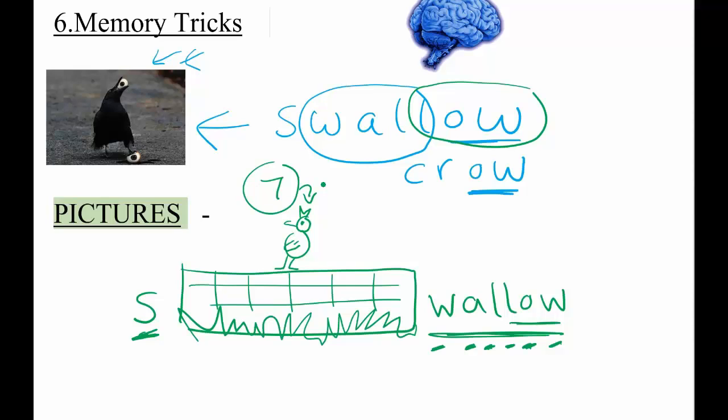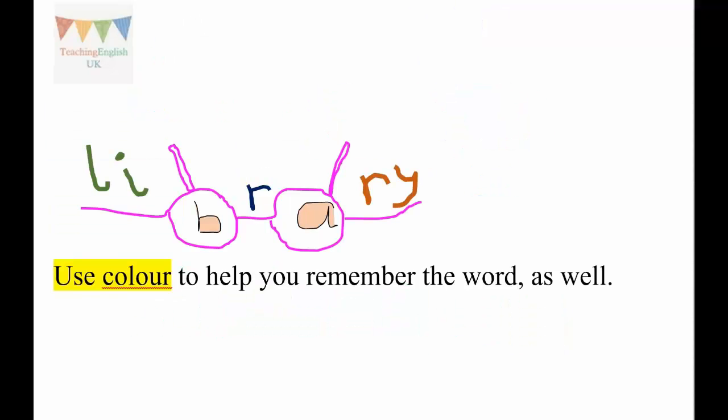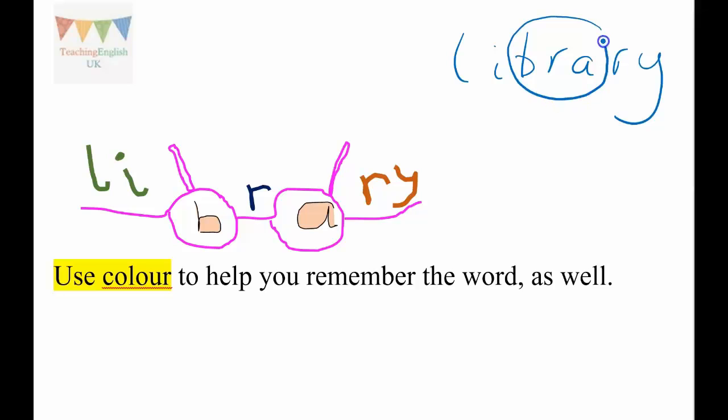That might help. Now here is a picture created by one of my learners who found it very difficult to remember the word library. So we looked for a smaller word in the word library, and he said he could see the word bra in there. So actually we created a bra. At the minute it looks like a pair of glasses, but there you go.